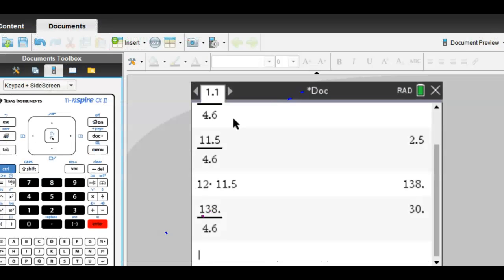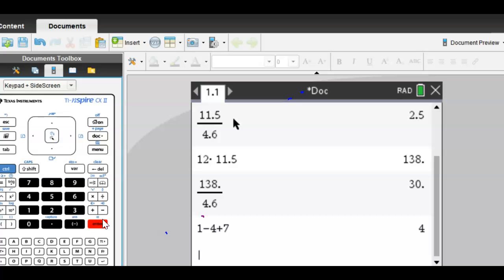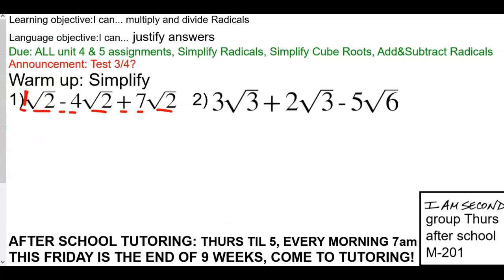Add up those coefficients. You get 4. So 4 square root. And does the square root change or no? The square root stays the same. Same term. Just add the coefficients or subtract the coefficients, right?